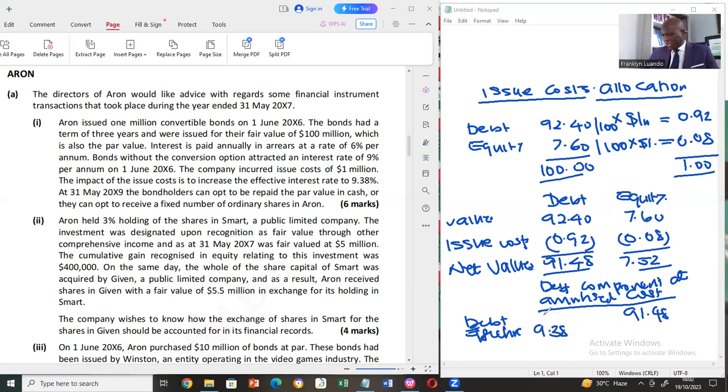This gives us 8.58. Less coupon interest. Coupon interest does not change. Coupon interest is the same, and in this case it will be 6.